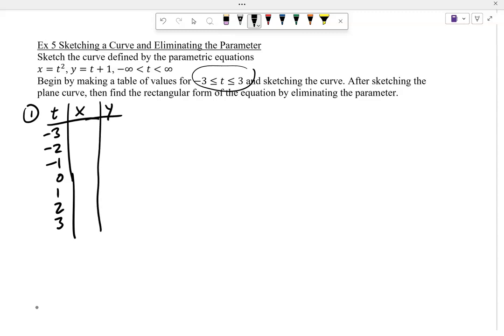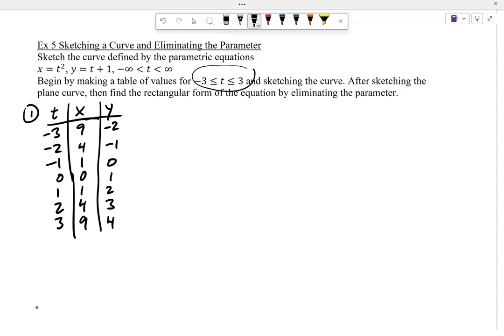x is t squared, so we got 9, -2 squared, -1 squared, and so on. And then we got t plus 1, so I got -3 plus 1, -2, -2 plus 1, -1. And there's my points.